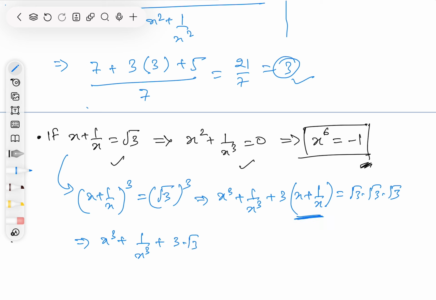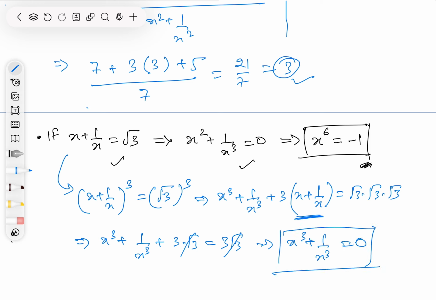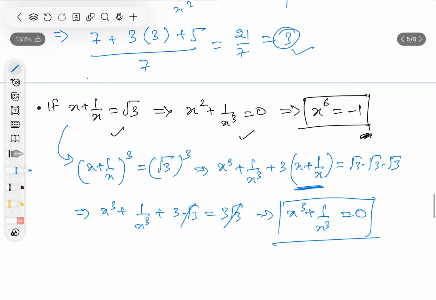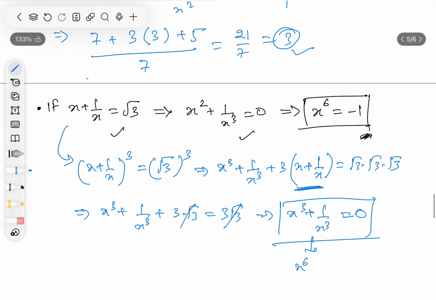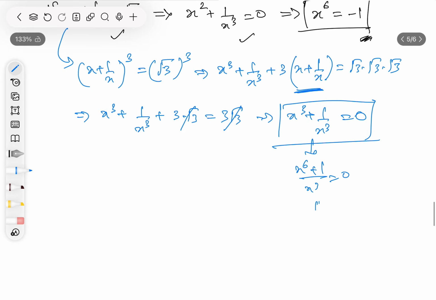This x plus 1 by x will be replaced by root 3, equals 3 root 3. So this can be cancelled out, which will be x cube plus 1 by x cube equals 0. Now if you expand this, this will be x to the power 6 plus 1 upon x cube equals 0, which will basically be x to the power 6 equals minus 1.